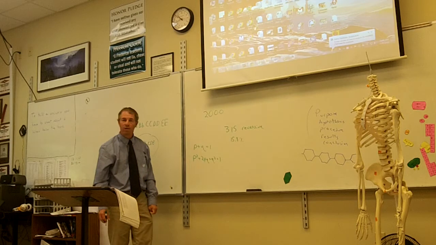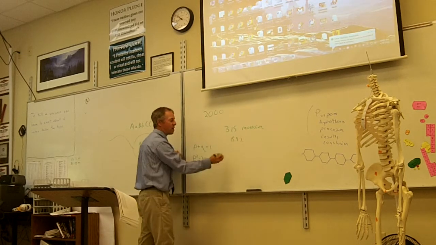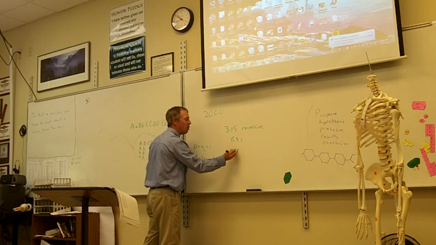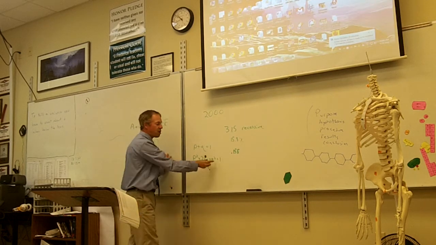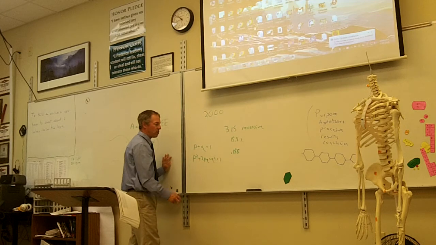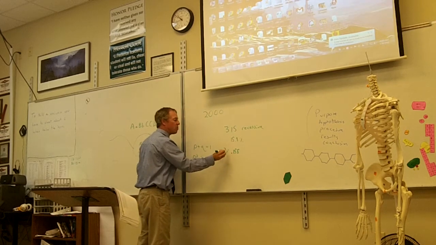So 15.8% or 0.158. 0.158 is the same as 15.8%. So that's our q squared. q squared equals 0.158.